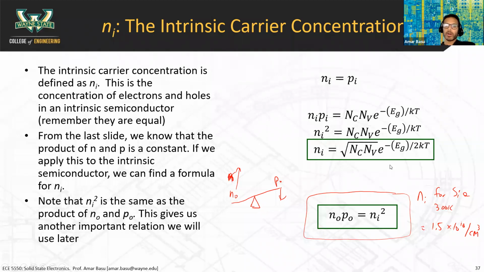Now that we look at this equation, I want you to think back to our intuition of intrinsic carrier concentration. Suppose we have a material with a super small band gap, so Eg is small, and then we have another material with a very large band gap.